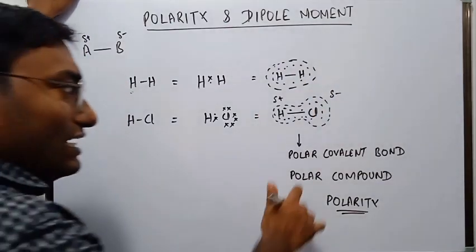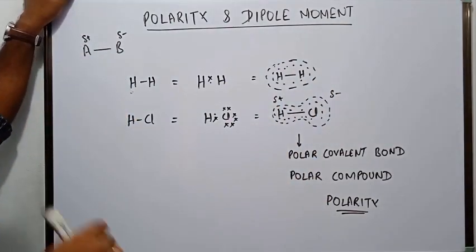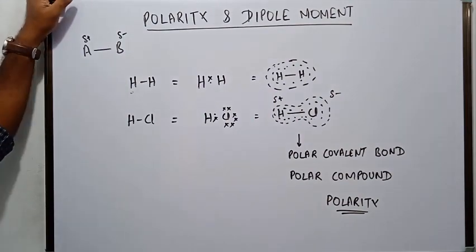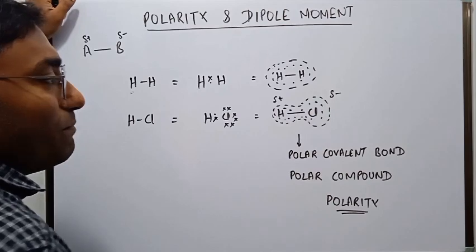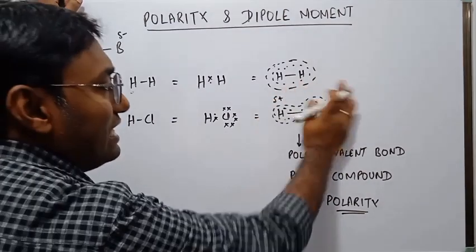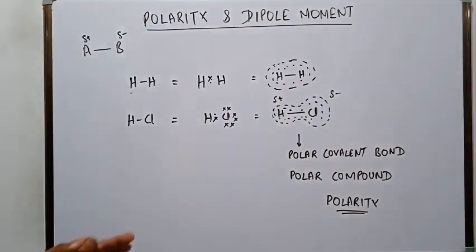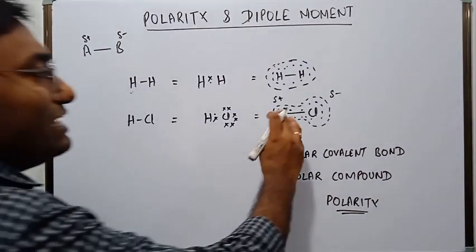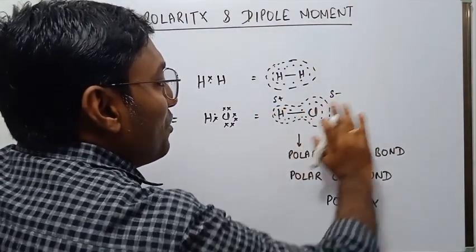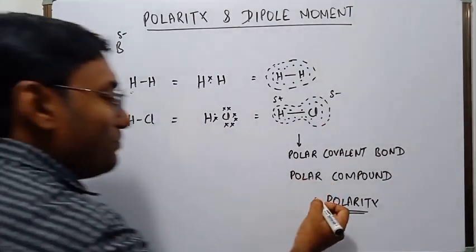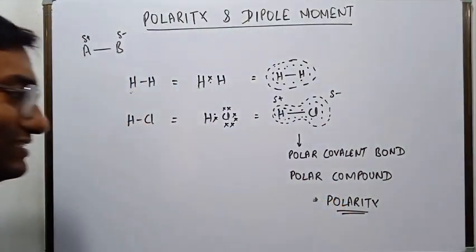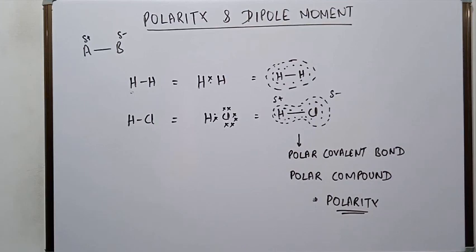So what we conclude from this is that it is because of the difference in electronegativity of the combining atoms that polarity results. It is because of that difference only that the electron cloud is shifted towards the more electronegative atom, and polarity results.